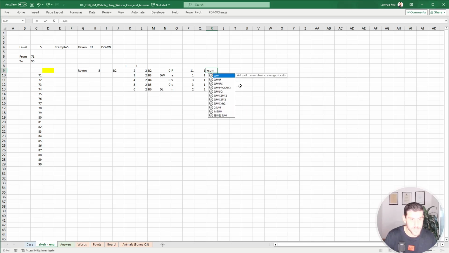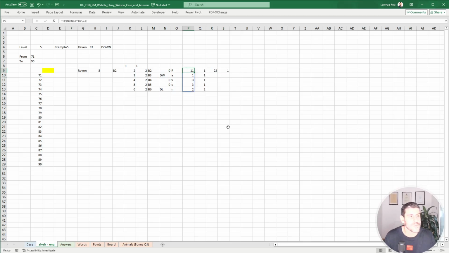I want to do the SUMPRODUCT, and I want the COUNTIFS of DW. That's why I said it's not so efficient. It needs to be longer to be sure this is working.